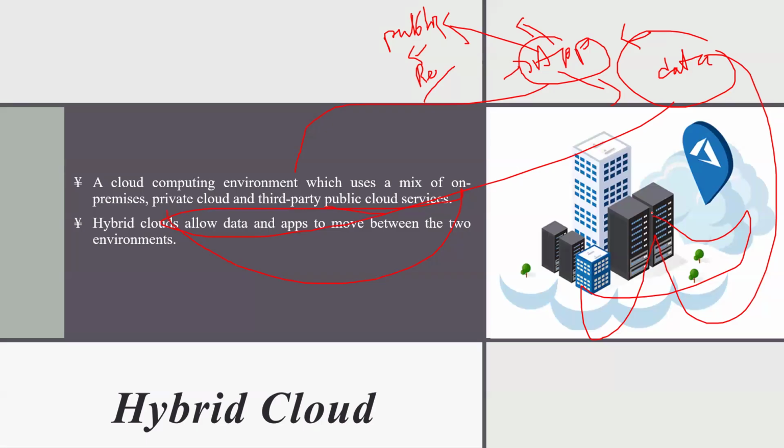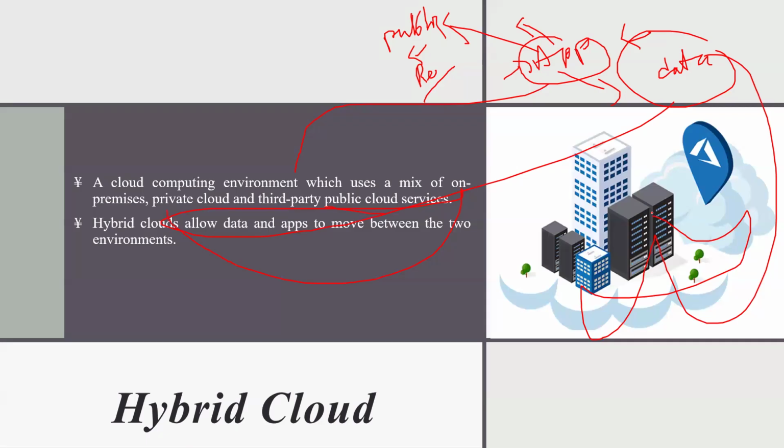Sir, any one example of a hybrid cloud model? I told you, right, sir? Amazon is a hybrid only, right? You are opening the application in the public only. You are logging into the portal, ordering the products, tracking the products, but your orders, everything needs to be secured somewhere, right?